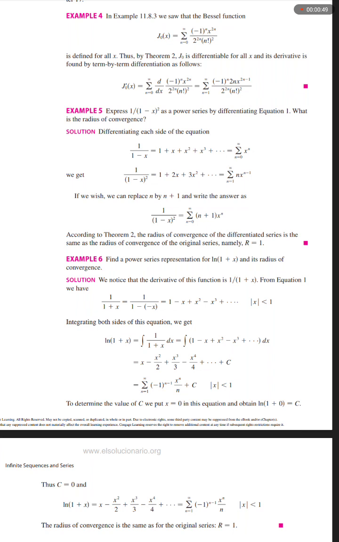Thus, by theorem 2, J sub 0 is differentiable for all x, and its derivative is found by term-by-term differentiation as follows.